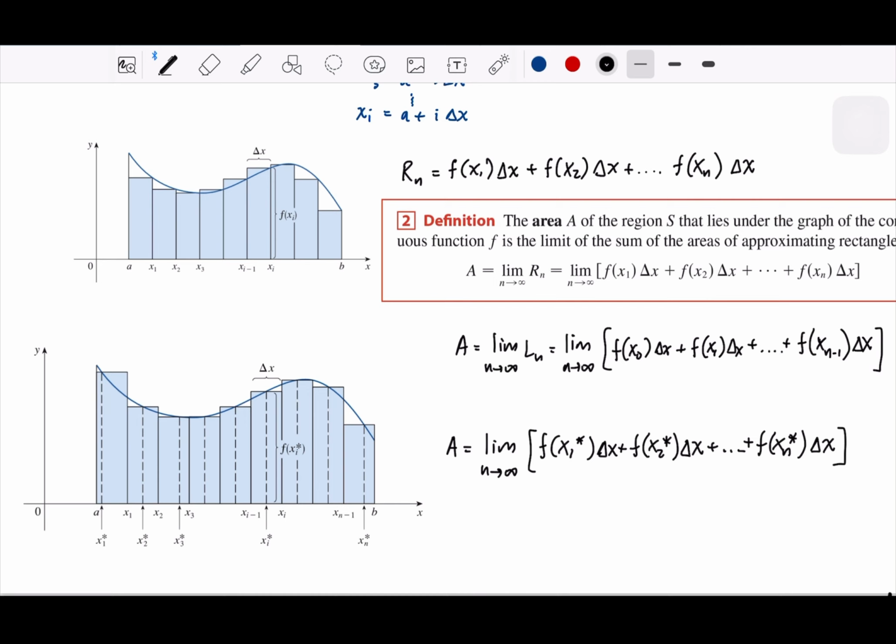And then we can sum up all this f of x delta x, because it's plus plus plus.